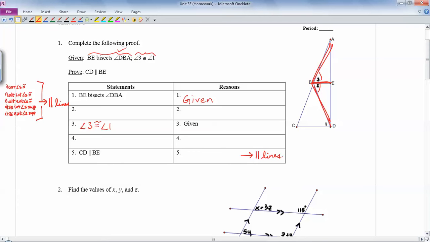If BE is a bisector, then the 2 angles that end up being the same size are angles 2 and 3. And the rule that says if you have a bisector, then one angle is the same as the other angle, that is the definition of angle bisector. So now we know 2 and 3 are the same.